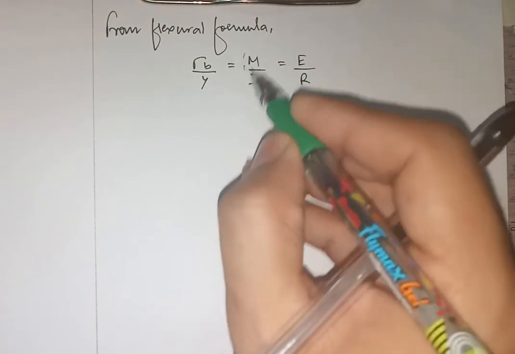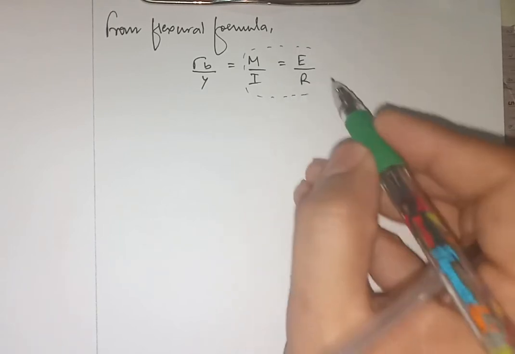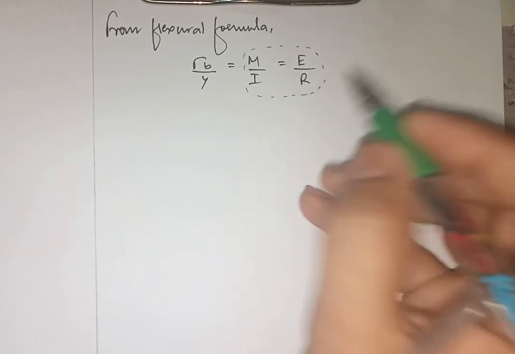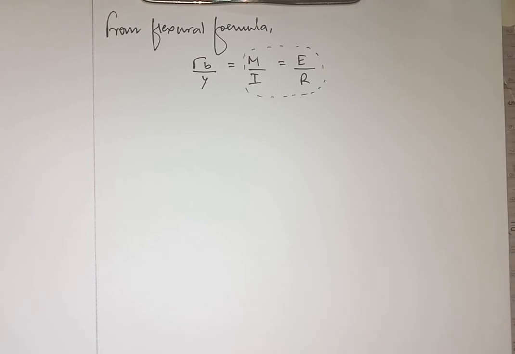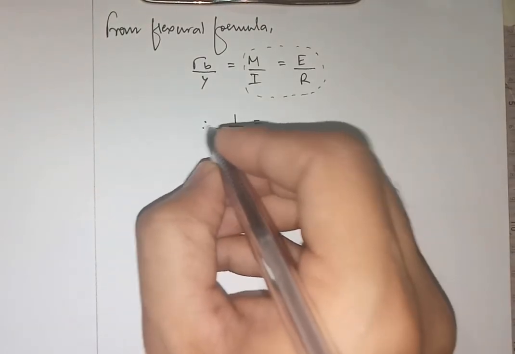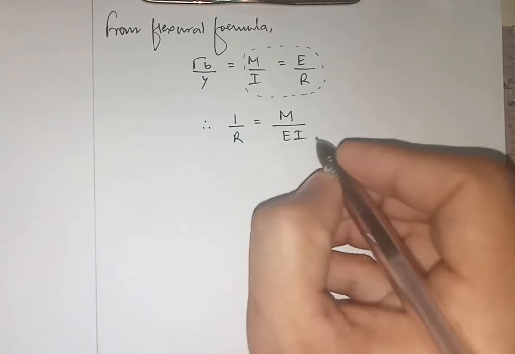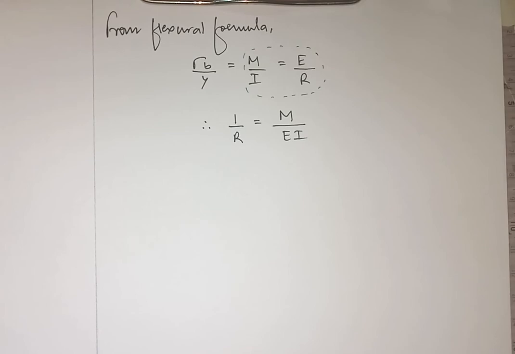I'm just interested in these two, so you just club these two. From these two, I'm going to take the value of 1 by R. Therefore 1 by R is equal to M divided by E into I.